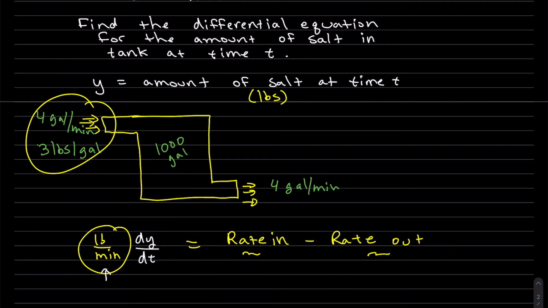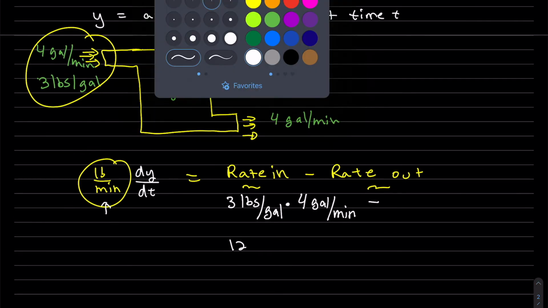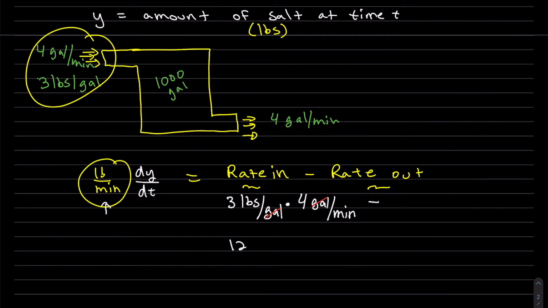If we take 3 pounds per gallon times 4 gallons per minute, the gallons cancel and we have 12 pounds per minute.